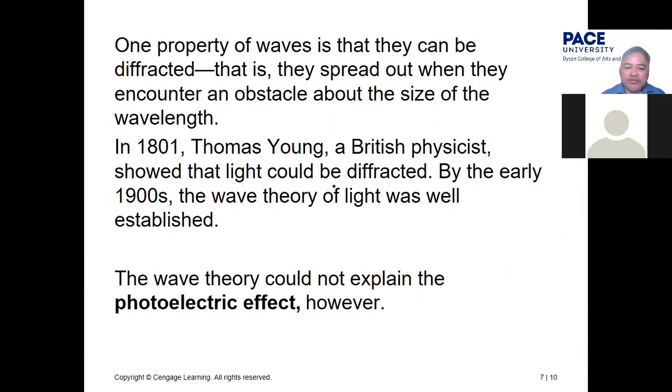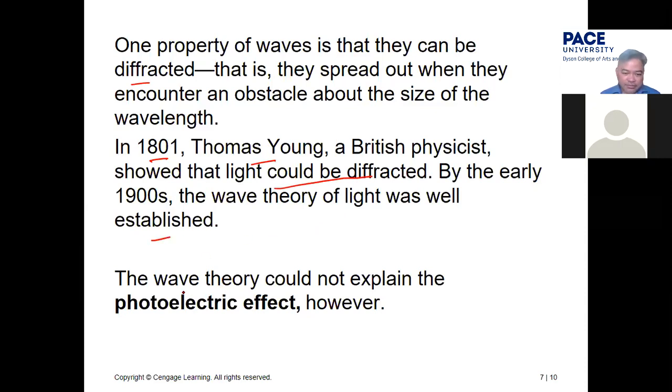Now, if we look at the properties of a wave, they can undergo diffraction. When we say diffraction, they spread out when they encounter an obstacle about the size of the wavelength. In 1801, Thomas Young, a British physicist, showed that light could be diffracted. So we could say by the early 1900s, the wave theory was well established.